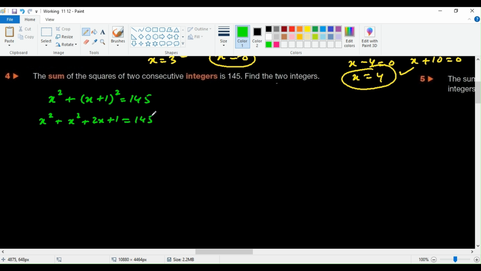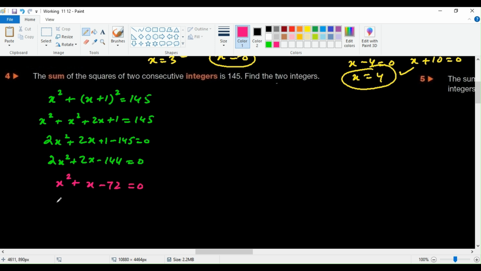That means 2x square plus 2x plus 1 minus 145, that means 2x square plus 2x minus 144 equals 0. Dividing the whole thing by 2, we are going to get x square plus x minus 72.